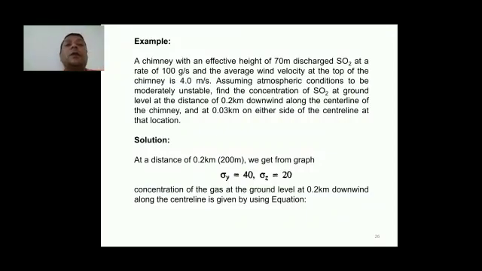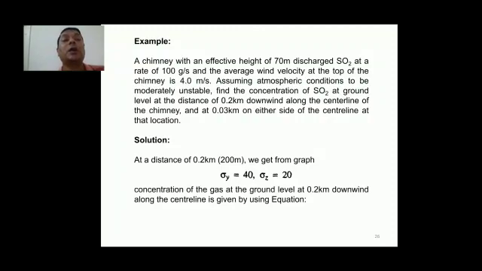A chimney with an effective height of 70 meters discharges sulfur dioxide at a rate of 100 gram per second, and the average wind velocity at the top of the chimney is 4 meter per second, assuming atmospheric condition to be moderately unstable. So the condition is available, and on the basis of this condition we can get the data of sigma y and sigma z.